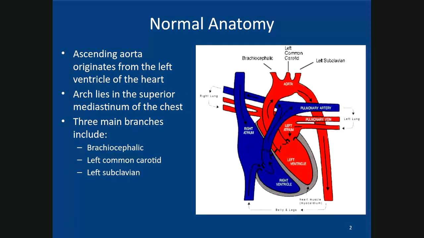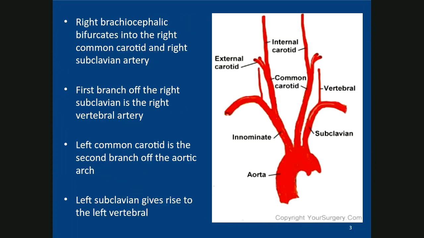First of all, you should remember the ascending aorta and what the first three branches are. The first is the brachiocephalic, the left common carotid artery, and the left subclavian. The right brachiocephalic bifurcates into the right common carotid and the right subclavian artery.